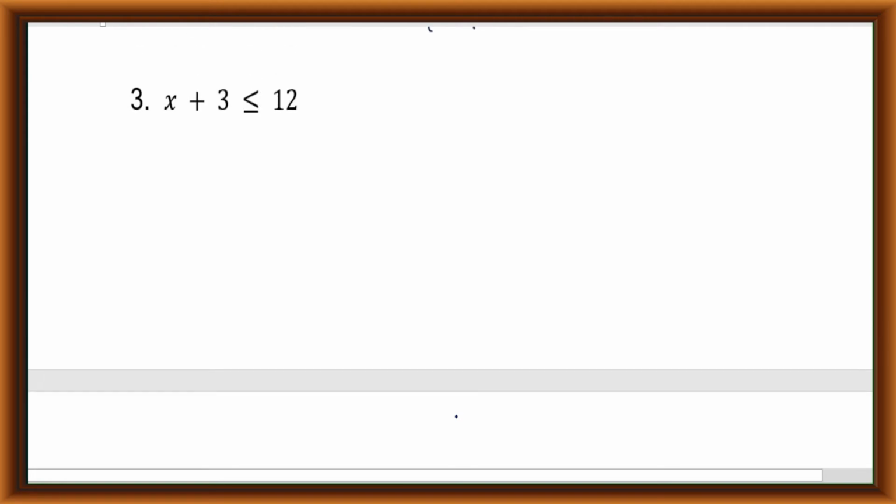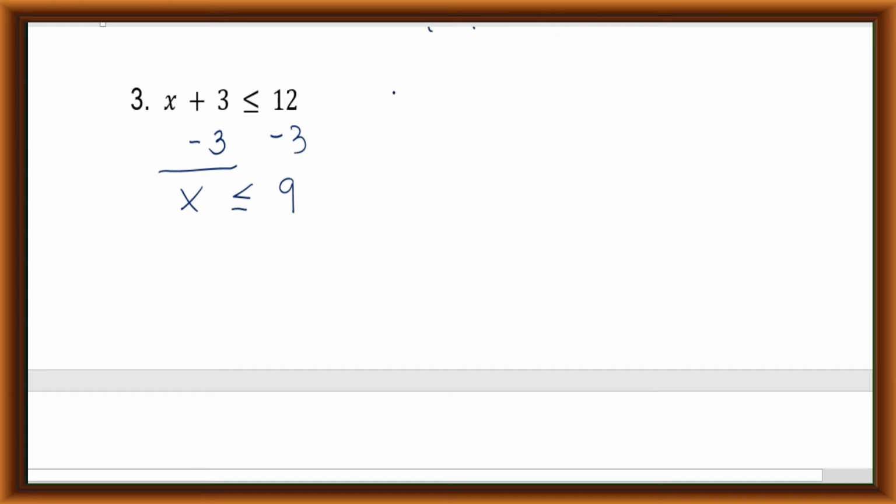We have number 3. We have x plus 3 is less than or equal to 12. Again, we will subtract 3 from both sides. So we have x is less than or equal to 12 minus 3, which is 9.